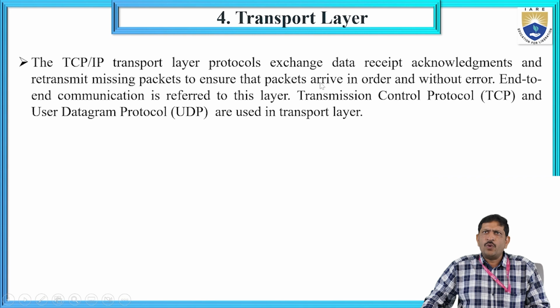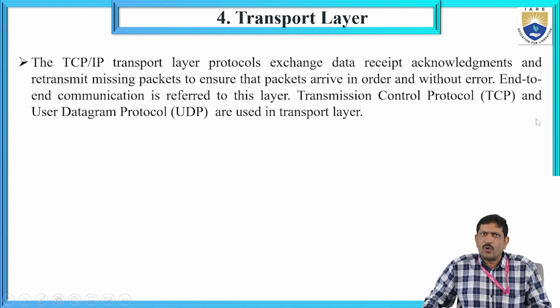The packets holding the information arrive in a particular sequence and without errors, so they can achieve end-to-end communication. That means system to system, node to node communication. The transport layer establishes the communication from one system to another system. That is end-to-end communication.